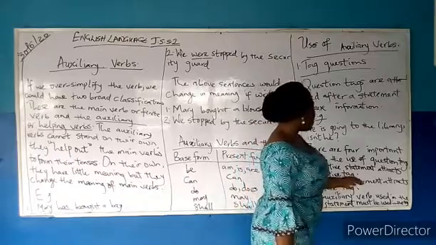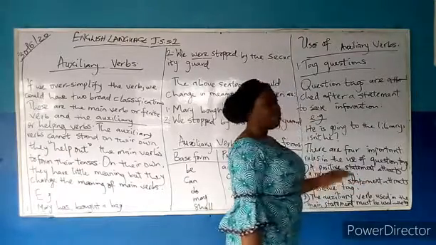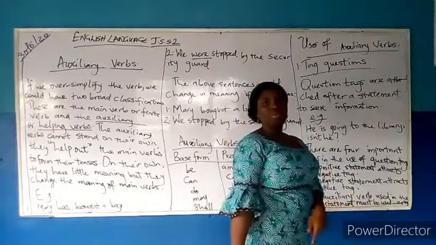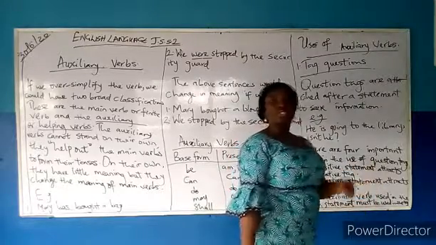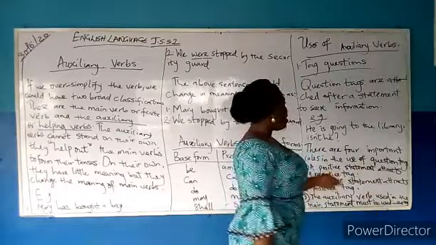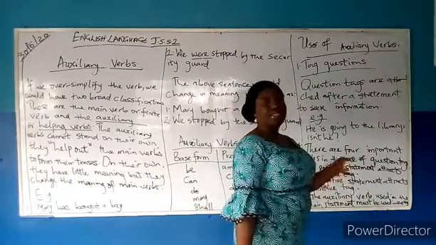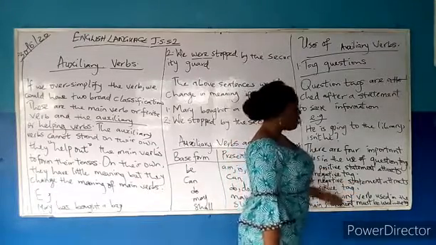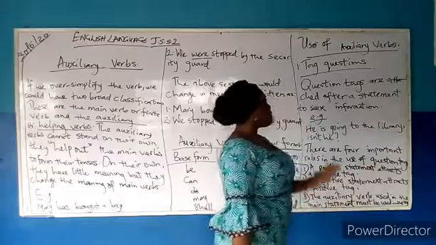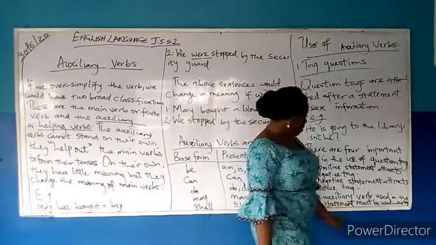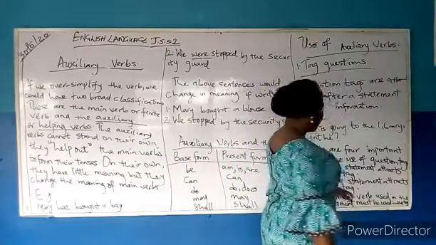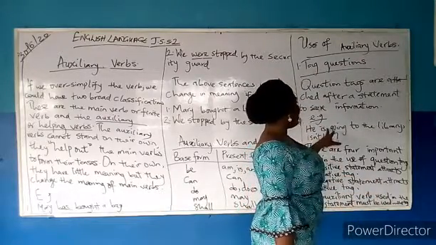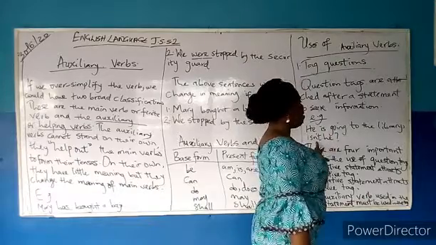A negative statement attracts a positive tag: you didn't do it, did you? The n't there makes that statement negative, while you need to attach a positive question tag at the end. That's just the rule. Rule number three: the auxiliary verb used in the main statement must be used in the tag. As you can see, you need to retain this here.